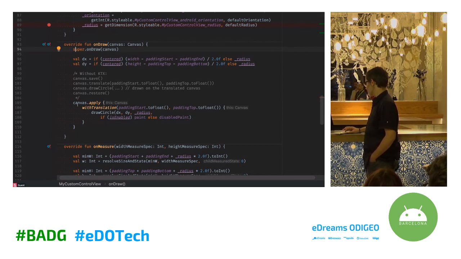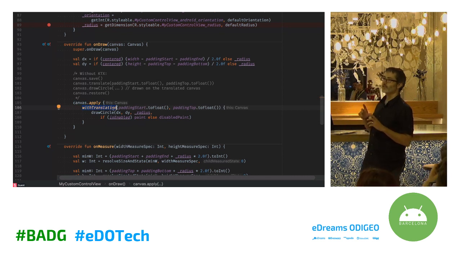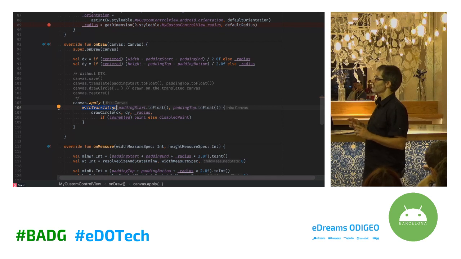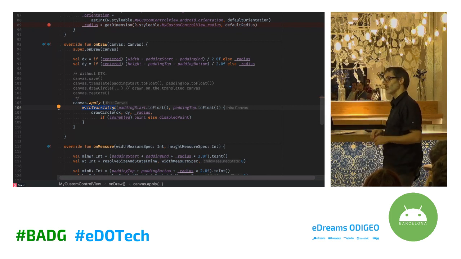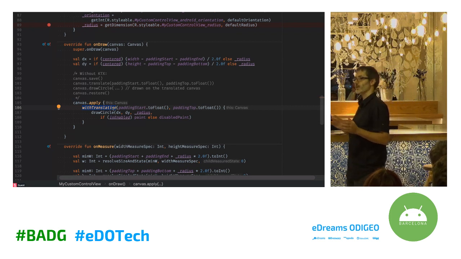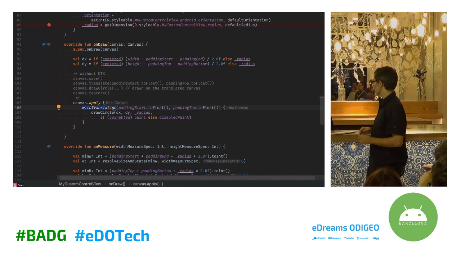In this case, what I'm using is canvas.apply to have the canvas inside. And this is KTX with translation. Basically, when I'm using canvas, I can use draw commands, but I also can use operations like translation, scaling, rotation, using matrices to do all this, for example perspective or similar stuff.